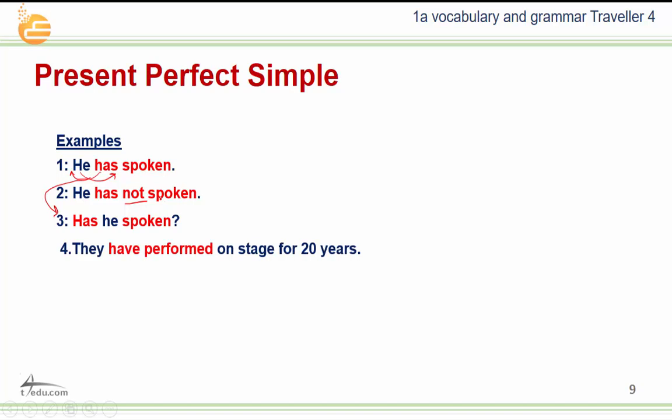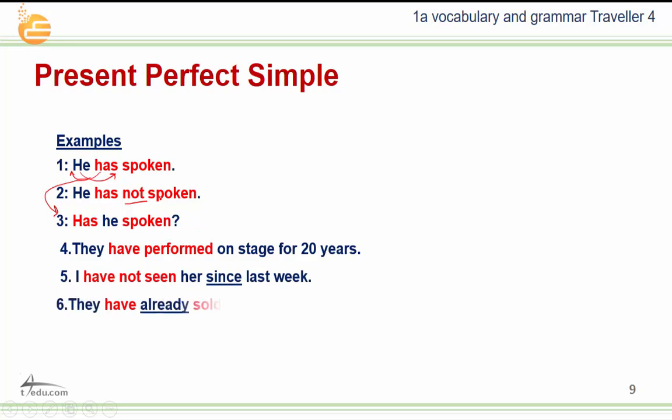Number 4, they have performed on stage for 20 years. Number 5, I have not seen her since last week. Number 6, they have already sold 12 million bands. Number 7, the train has just left.